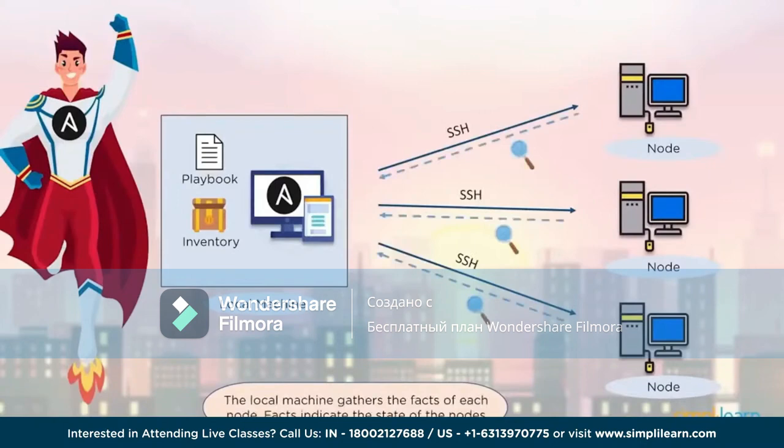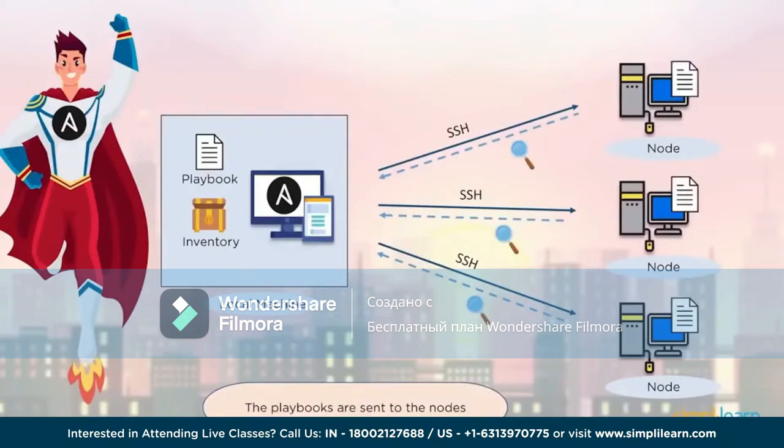It's where the facts are collected. So facts are basically the current state of the node. Now all this is collected from the node and sent to the local machine. So when the playbook is executed, the task mentioned in the playbook is compared against the current status of the node and only the changes that are required to be made further are made. And once the playbooks are executed, your nodes are configured to the desired states.